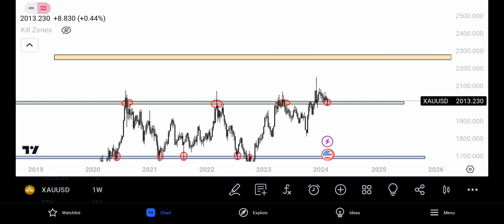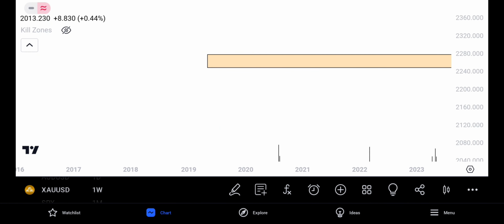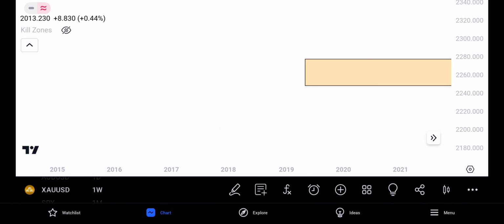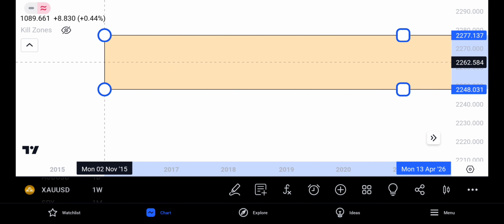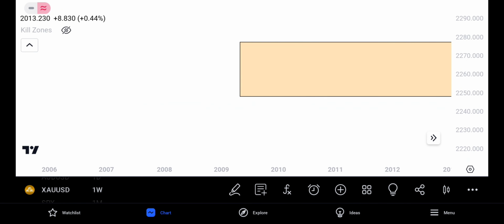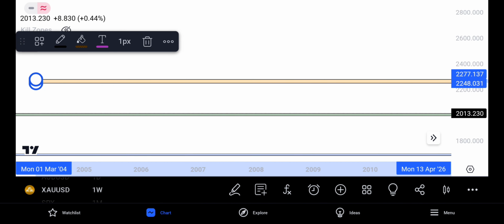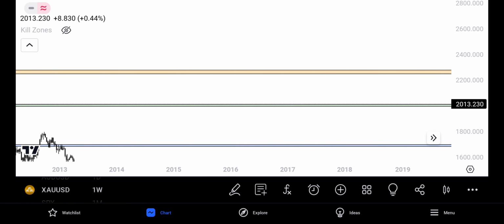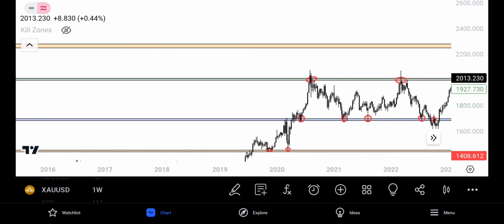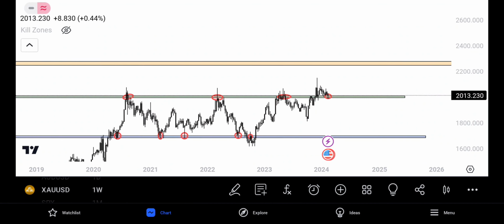So learn to draw it out, and then go back and keep drawing the zone down. Just keep drawing it, and you keep seeing that price has really been connecting to this zone all the time, down to the end of price. So that's it, guys.